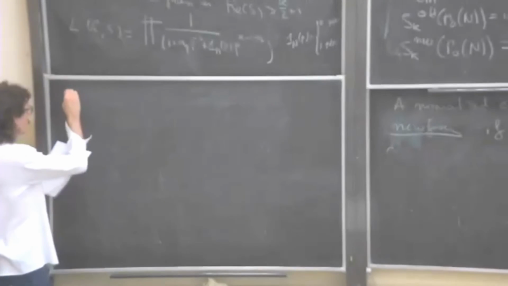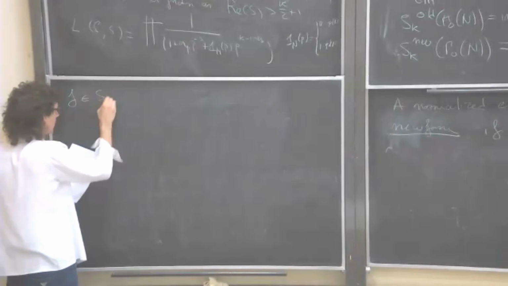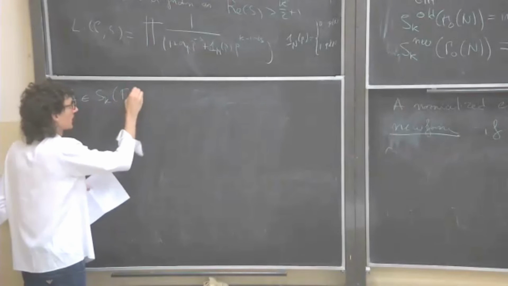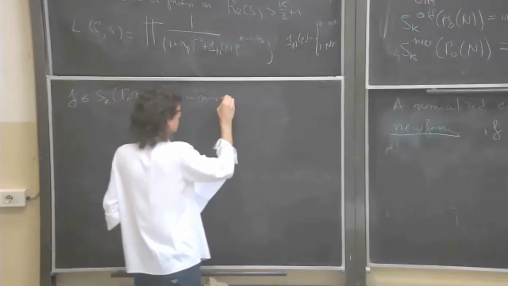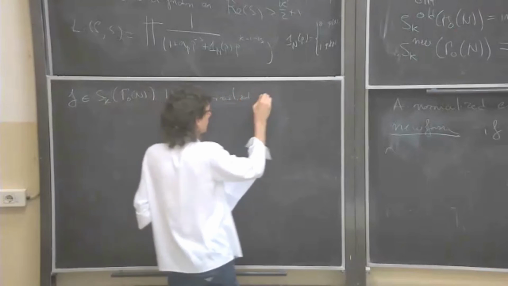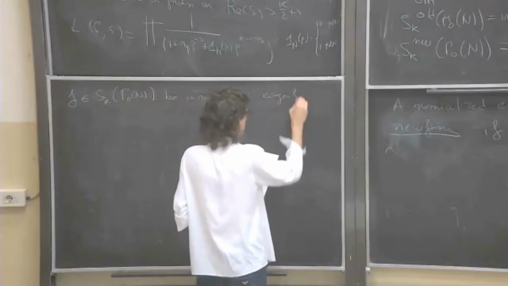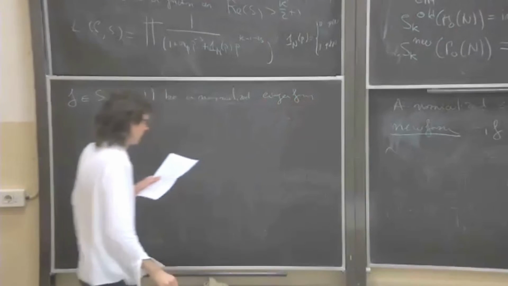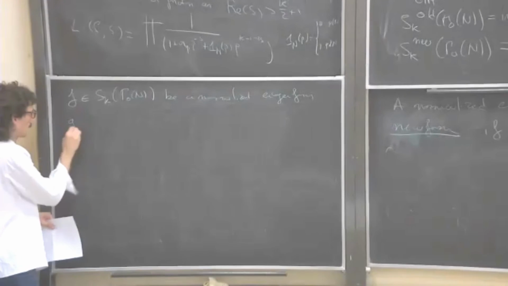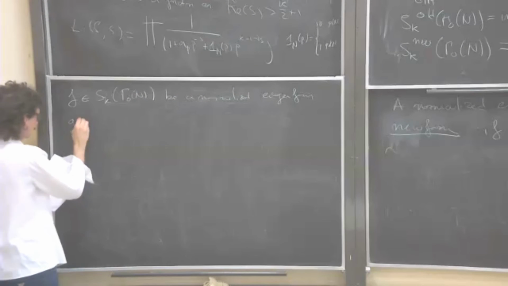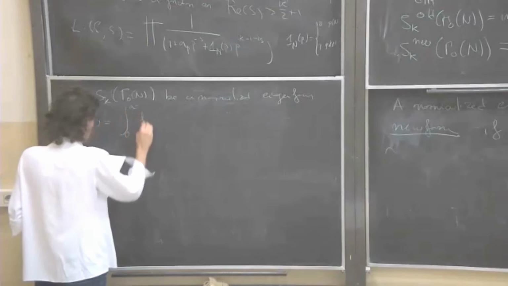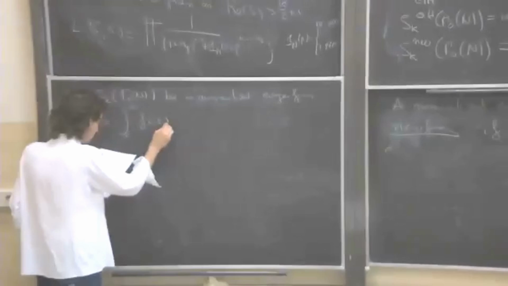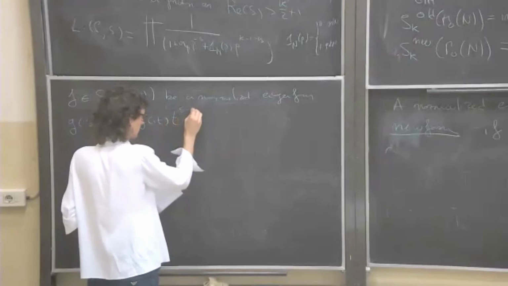So let now f in S_k(Gamma_0(N)) be a normalized eigenform, and let's define the Mellin transform of f, g(s), the integral from 0 to infinity of f(it) t^(s-1) dt.